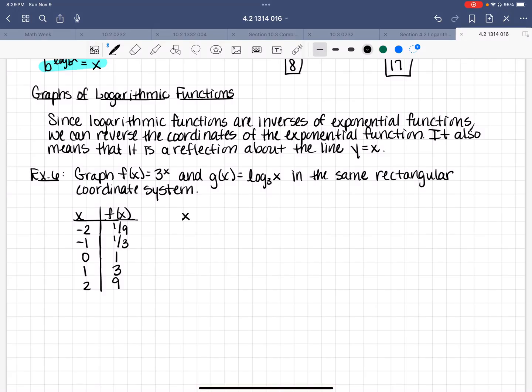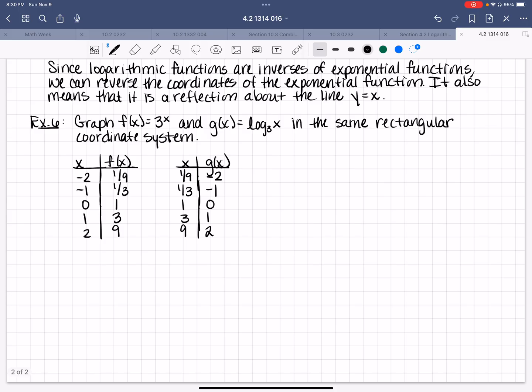Now, that means since they're inverses, when I go to list points for g of x, all I have to do is flip those x and y's from f of x. So my x becomes 1/9, my g of x is -2, my x is 1/3, I get -1 for g of x, I get 1 for x, 0 for g of x, 3 for x, 1 for g of x, and 9 for x gives me 2 for g of x.